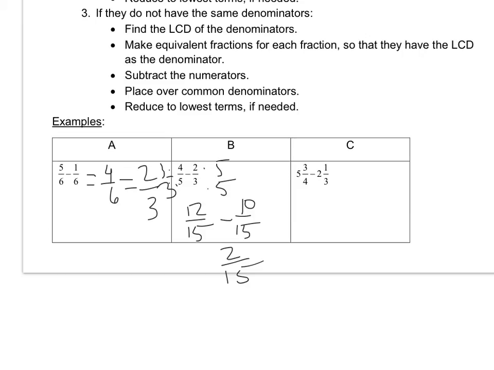Again, change this one to improper fractions, so 5 times 4 plus 3, 23/4 minus 6 7/3. Least common denominator is 12. So we would get 69 minus 28. So 41/12. And then again, you can leave it like that unless it tells you to change it to a mixed number. Okay? Let's take a look at the next page.